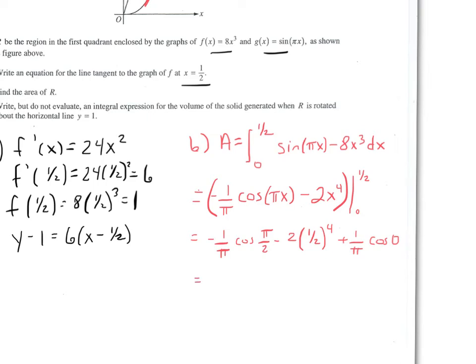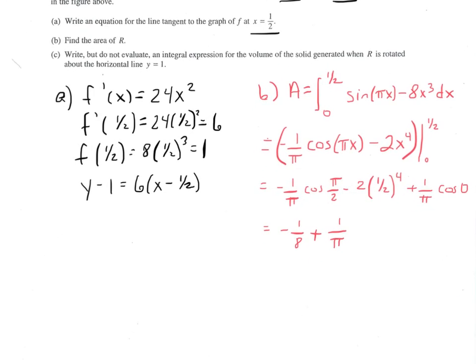So the cos of pi over 2 is 0, so our first term is gone. And then here, negative 2 times 1/4 squared would be negative 1/8, plus the cosine of 0 is 1, so we're left with 1 over pi, and we can't simplify anymore, so there's our answer for part B.